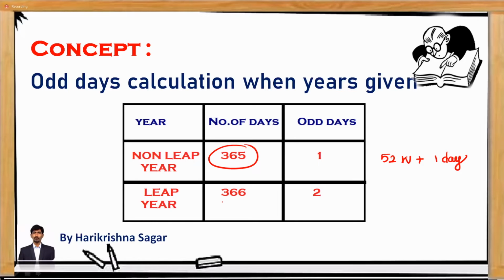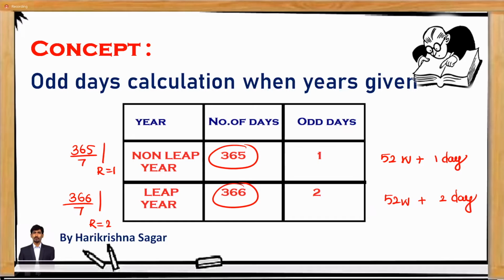A leap year will have two odd days, because a leap year has 366 days. 366 divided by 7 leaves a remainder of 2, whereas 365 divided by 7 leaves a remainder of 1. That means after completing 52 weeks we are going to get 2 extra days. That will be treated as odd days.